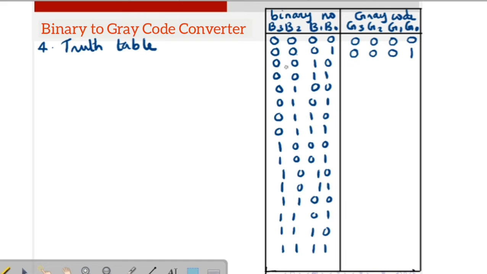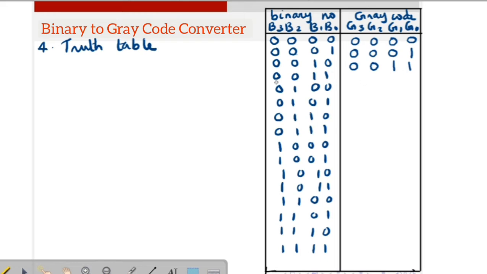Then next, G3 is same as B3. Then for G2, compare B3 and B2, both are same, so 0. For G1, compare B2 and B1, it is different, so 1. Then for G0, compare B1 and B0, both are different, so 1.